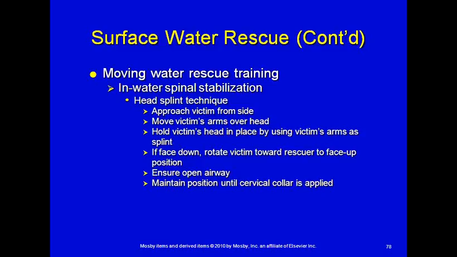Hold their elbows up against both sides of their head, and use that as a splint. If the patient is face down, you're going to rotate the victim toward the rescuer to a face-up position. You're going to open their airway and then maintain position until the cervical collar is applied.